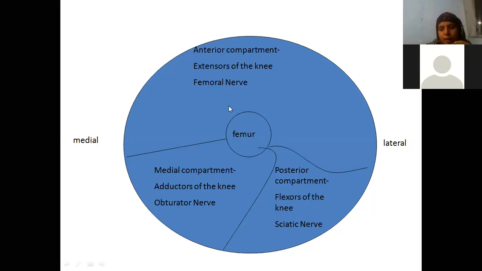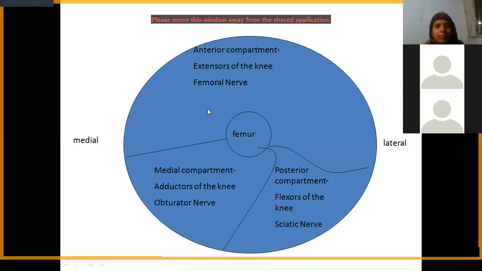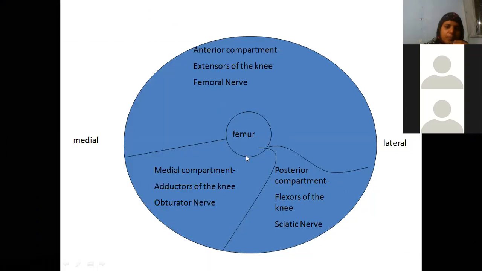Quadriceps femoris, articularis genu, sartorius, tensor fascia latae. Not tensor fascia latae, sorry, only these three. Quadriceps femoris, again there are four. What are those? Vastus medialis, vastus lateralis, rectus femoris, and vastus intermedius. Very good.